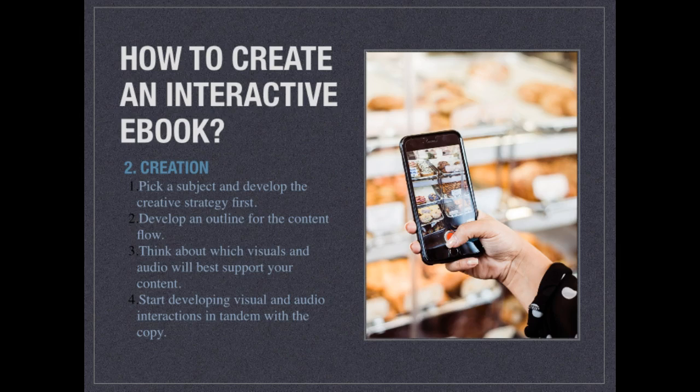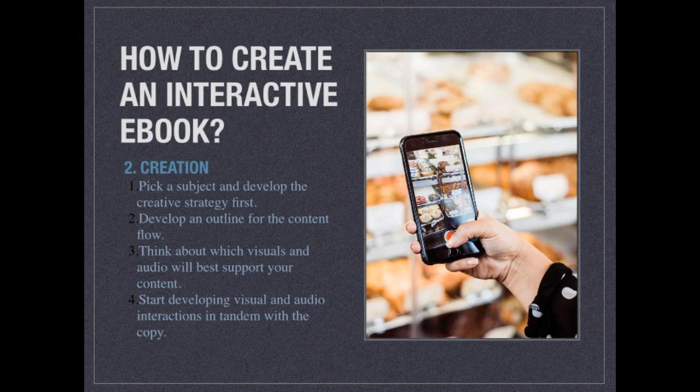Pick a subject and develop the creative strategy first. You have planned just now, so create or develop the creative strategy. Then, you need to develop an outline for the content flow. What will come on the first page, second page, and so on.